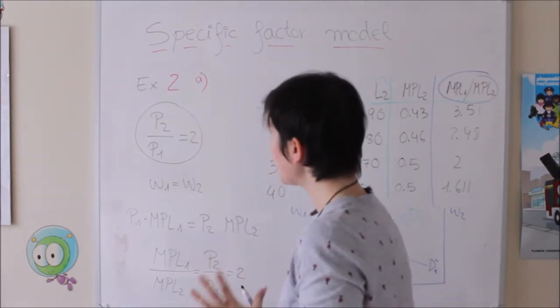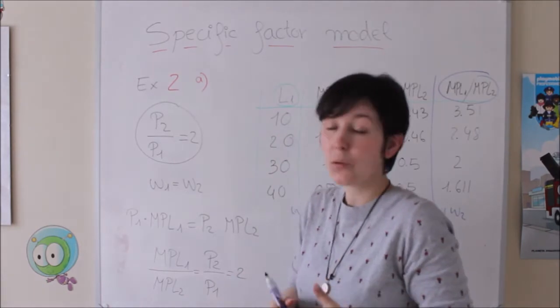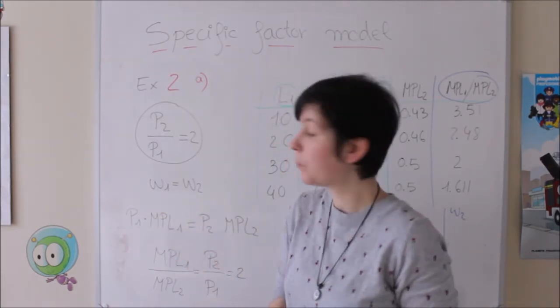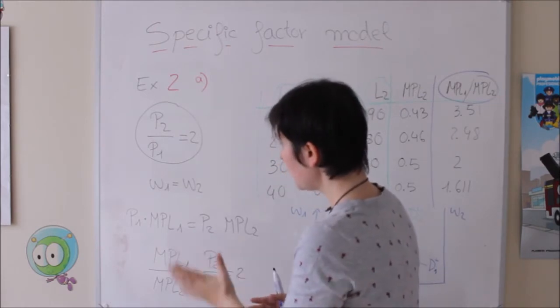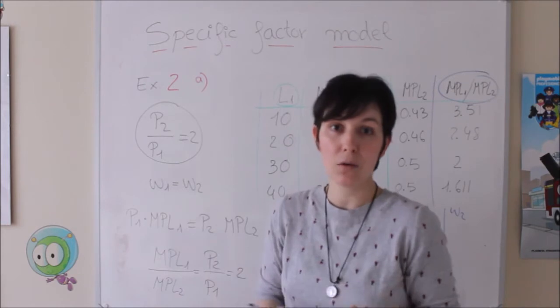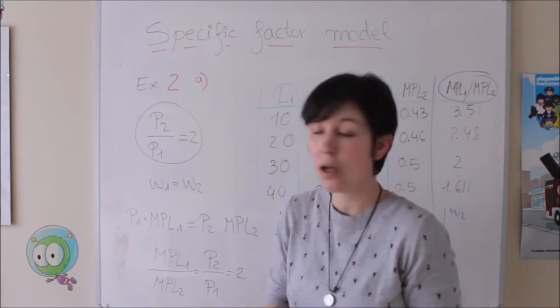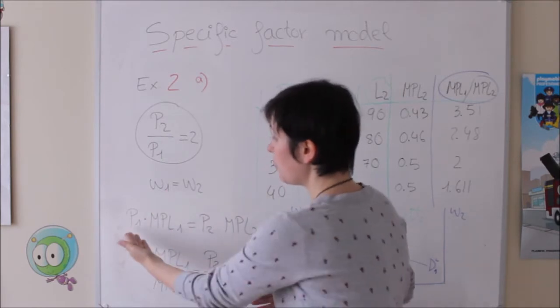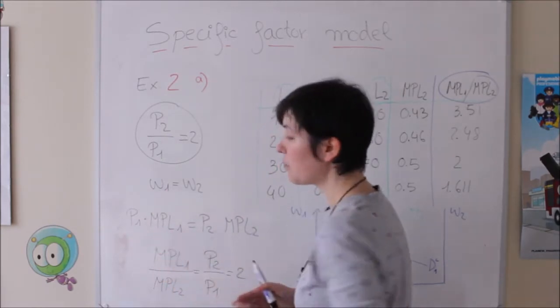We know that if we are in an equilibrium situation, that means that wages in both industries are equal. So that means that if wage is also the value of the marginal product, that is the same as saying that the wage is the price of the good times the marginal product of labor.